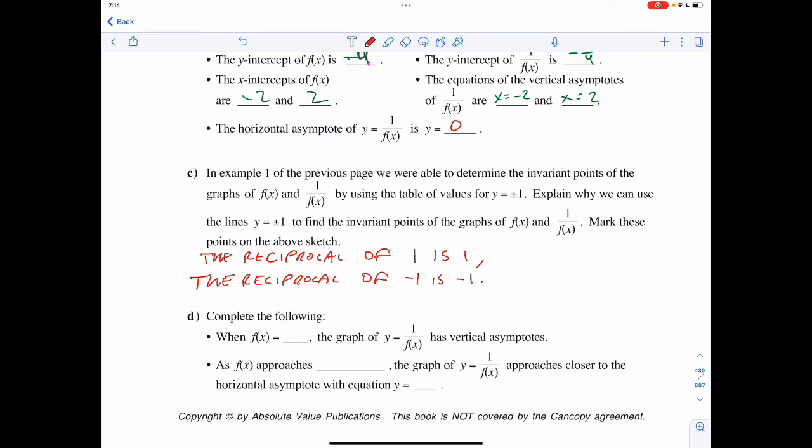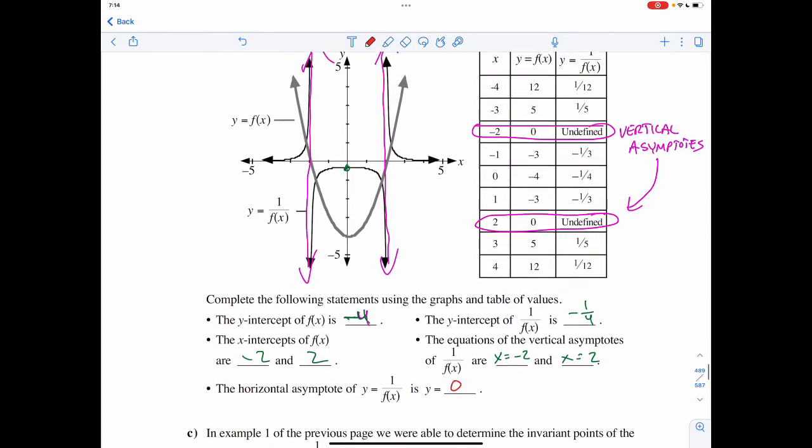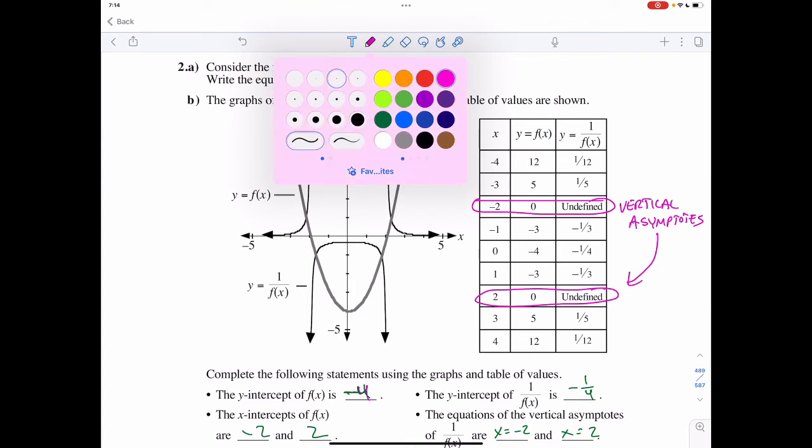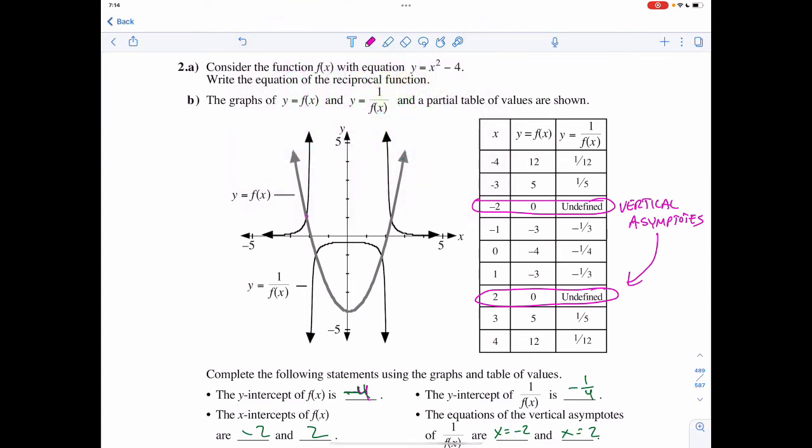How do I find those invariant points on the graph? The invariant points will always occur where my original function and my reciprocal function intersect each other. There's my 4 points.